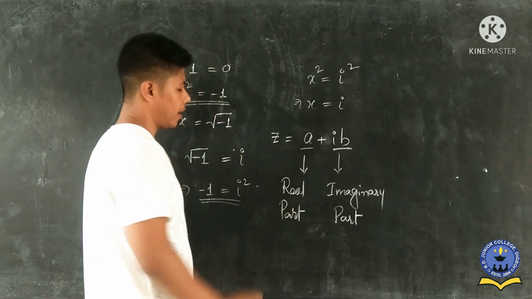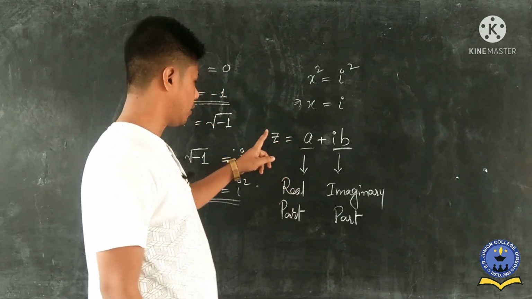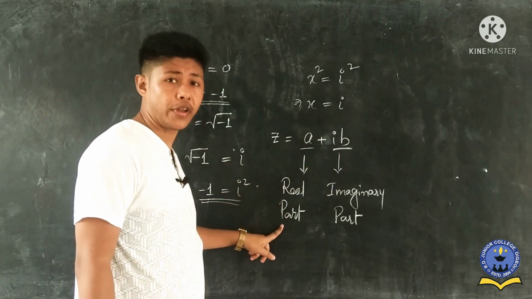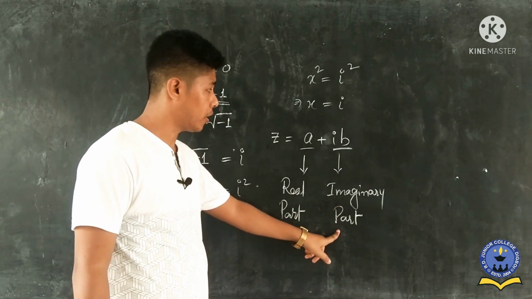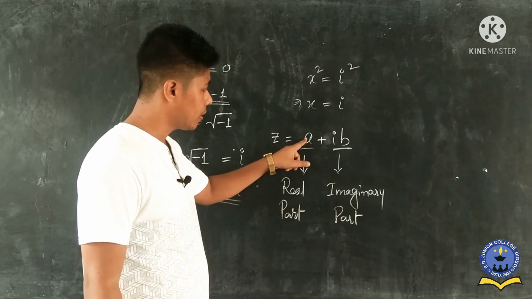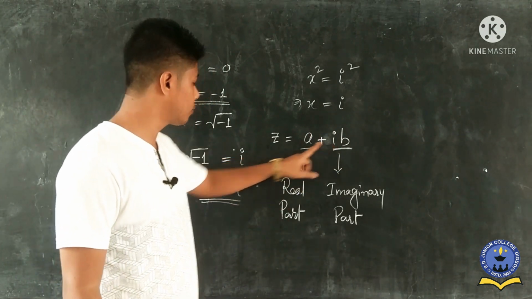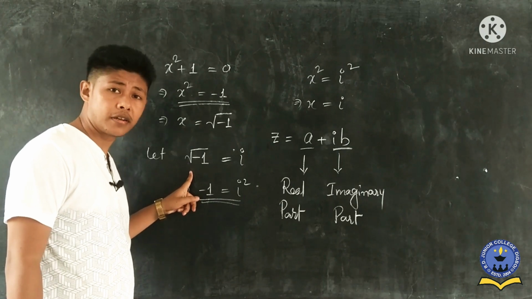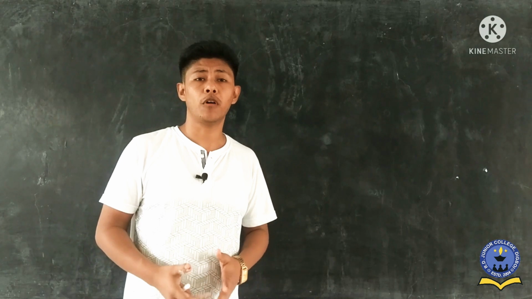The complex number is of the form a plus ib, where a is the real part and ib is the imaginary part, and a and b are real numbers. The value of i is what? i means root over -1. Is it clear? Okay.